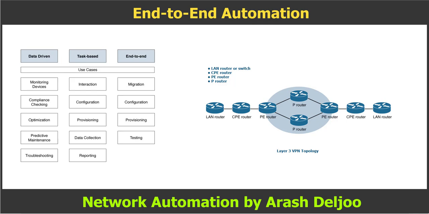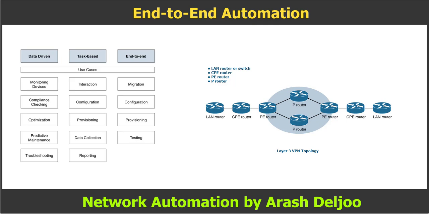End-to-end automation can be complex because different components might have different ways of being accessed, as well as different configurations and metrics. Do not let this put you off. Just tread lightly. End-to-end automation is the most rewarding type of automation.